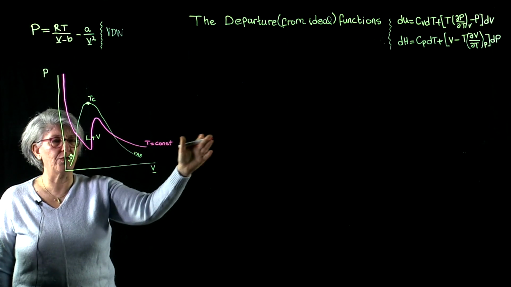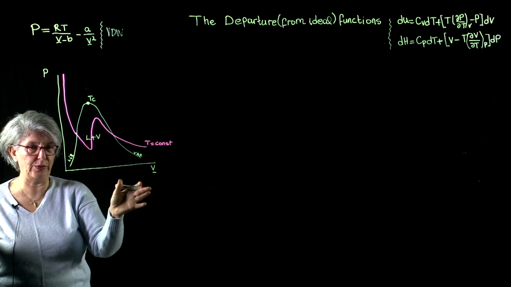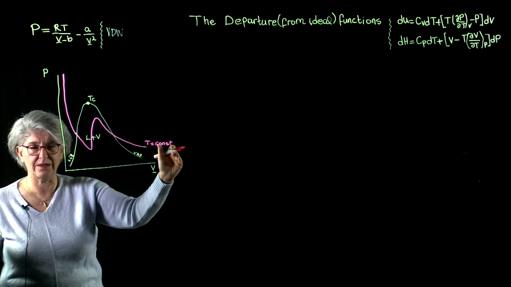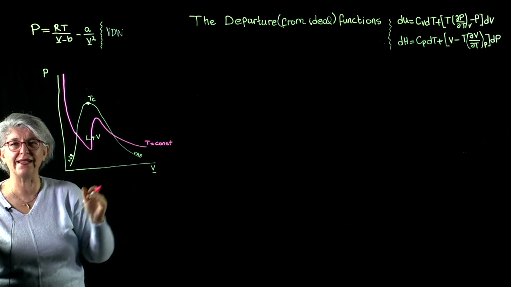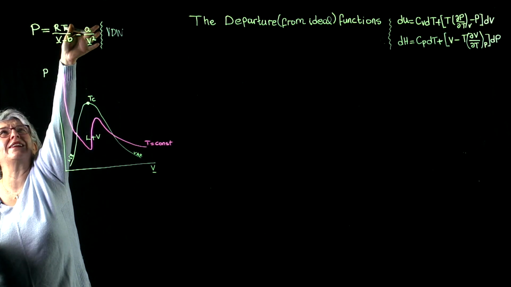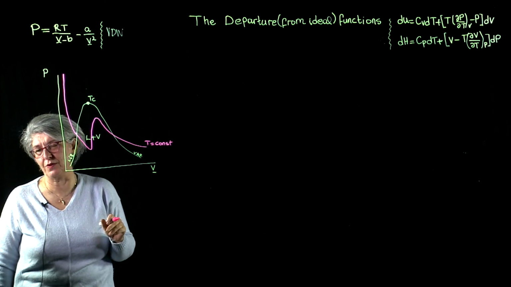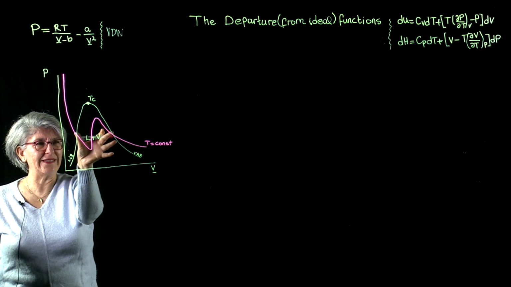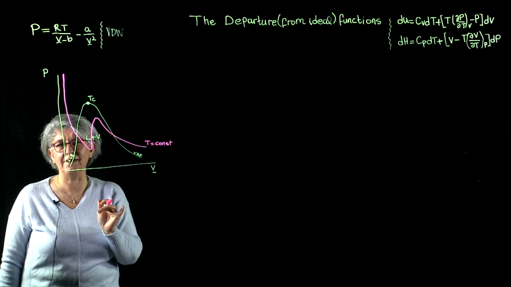On the very large volumes, and consider this scale to be logarithmic, we have a constant temperature line that is very similar to the ideal gas law, P is equal to RT over V. But we have a strange behavior in between.